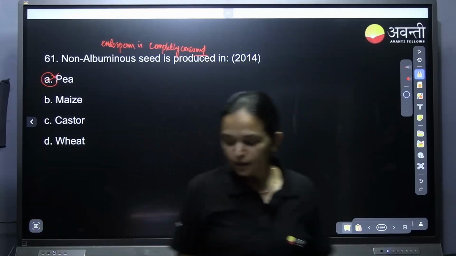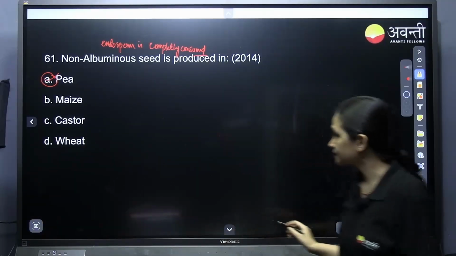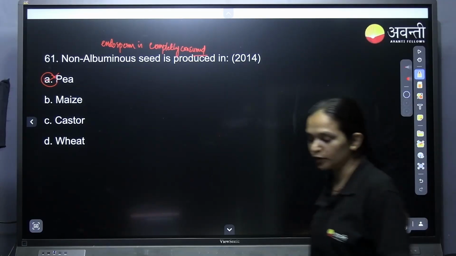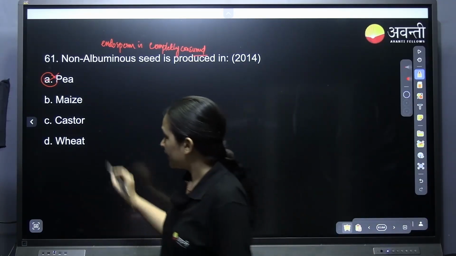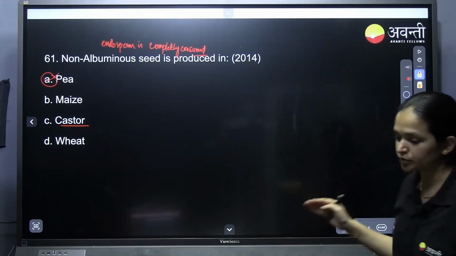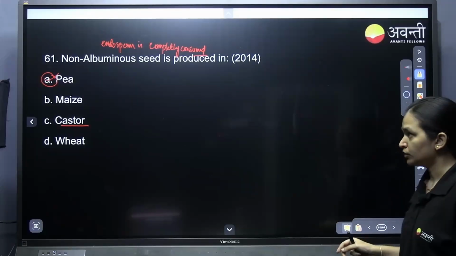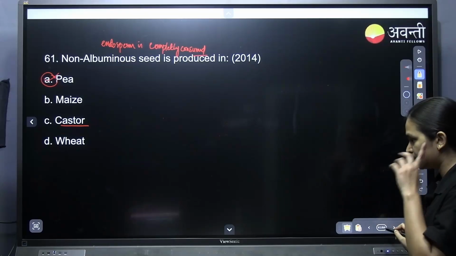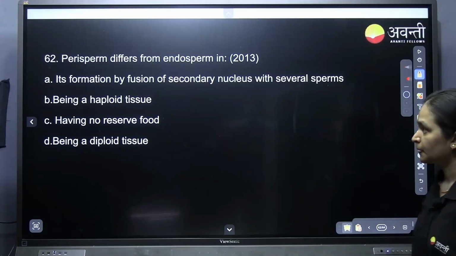So we can see it in pea, especially in the dicot plants or dicotyledon plants, except castor. Castor is also dicot, but it has persistent endosperm. So it's an exception. You need to mark it and keep it in mind.